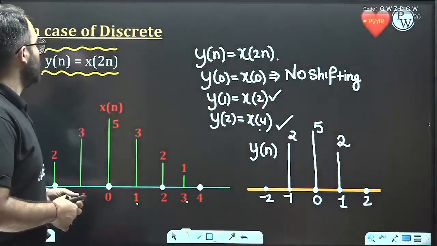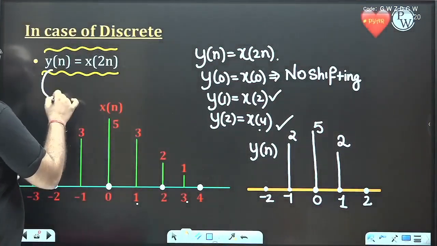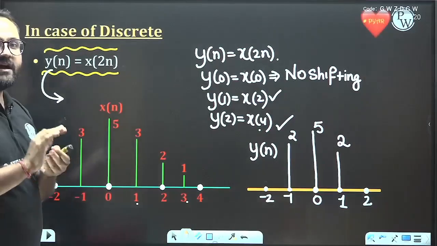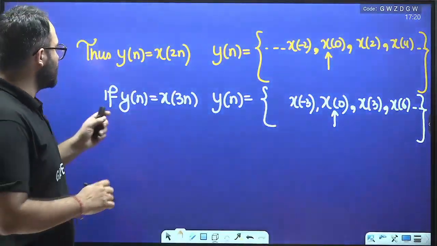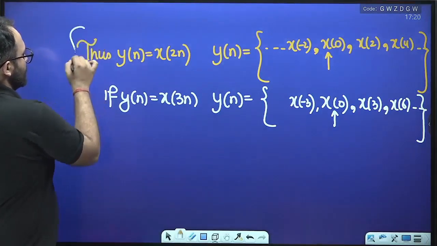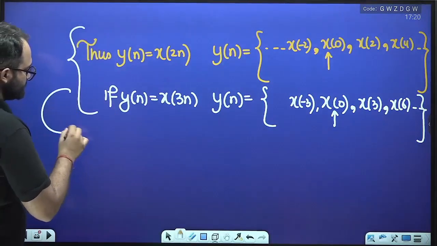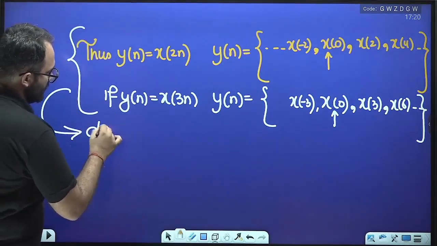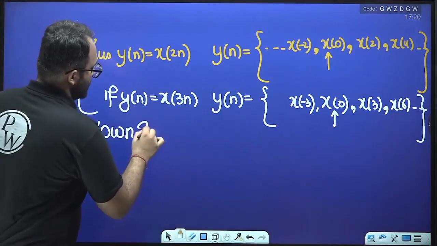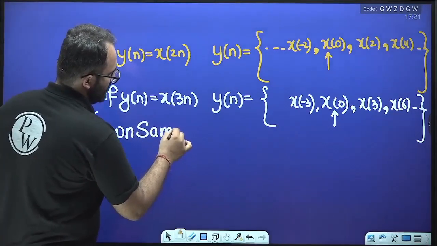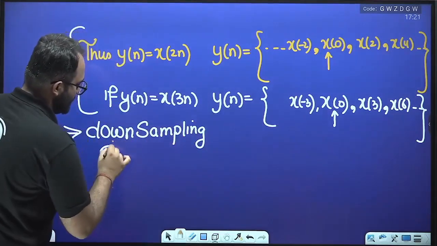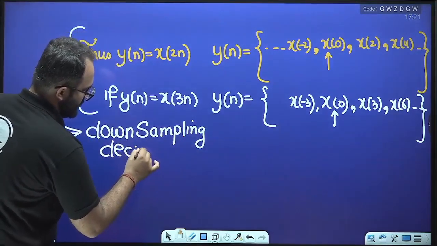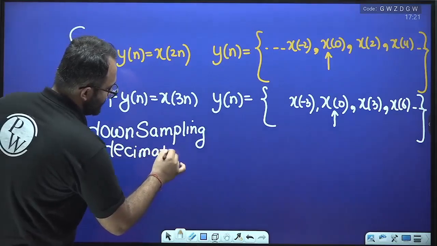So in this process we are losing the samples of xn, and this process is called downsampling, or sometimes decimation.